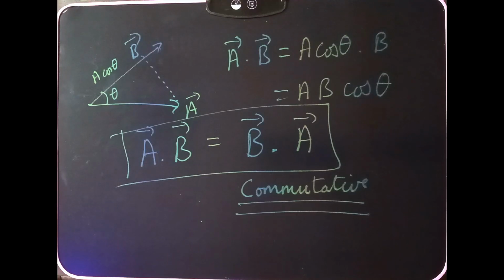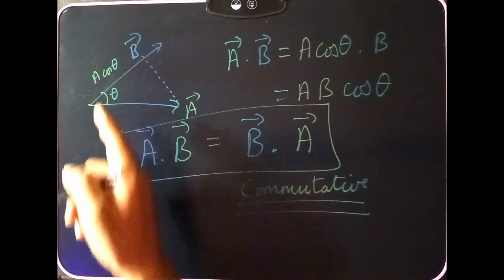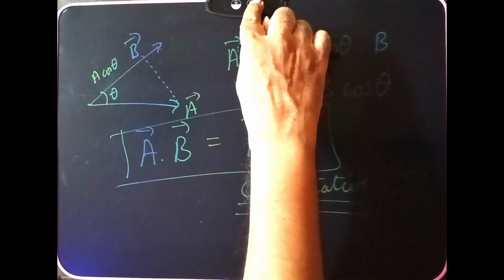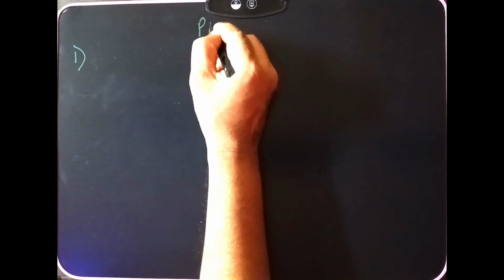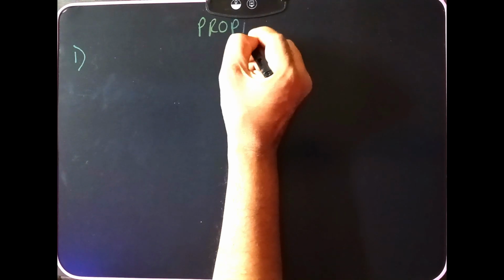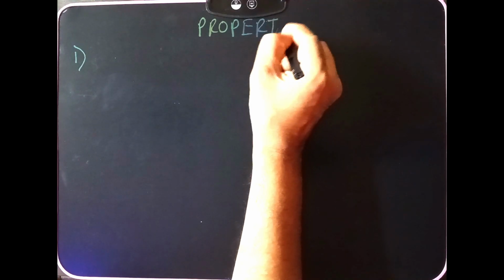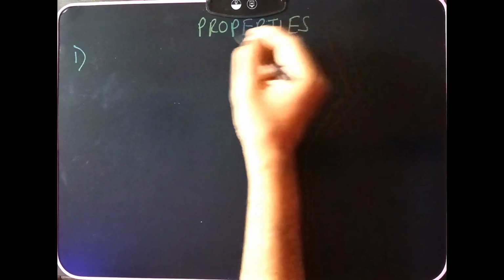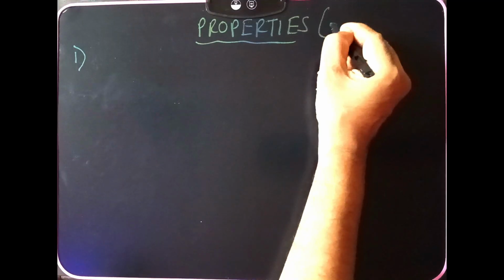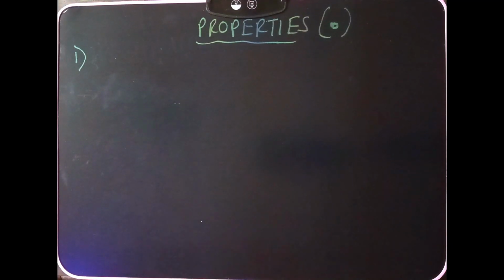So let us see some few properties of a dot product based on the angle it makes with both the vectors. Okay. The first property, what are we going to see? Properties of dot product.